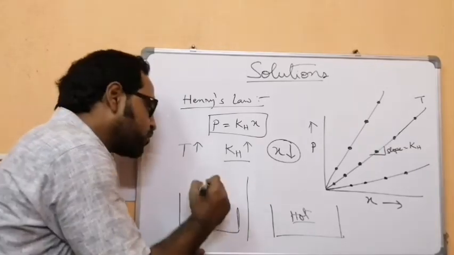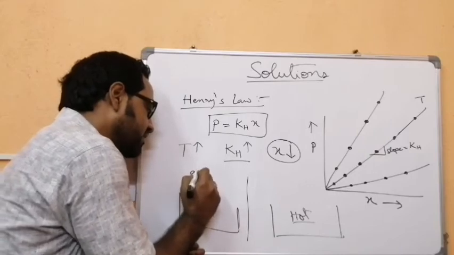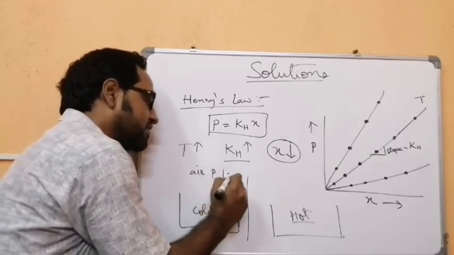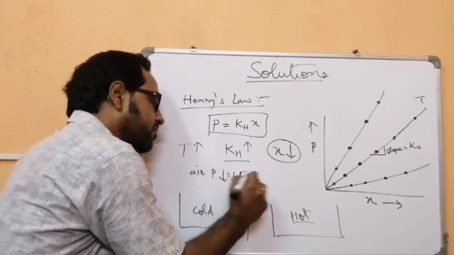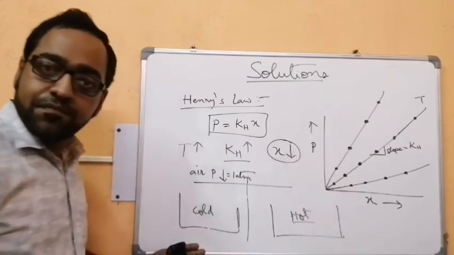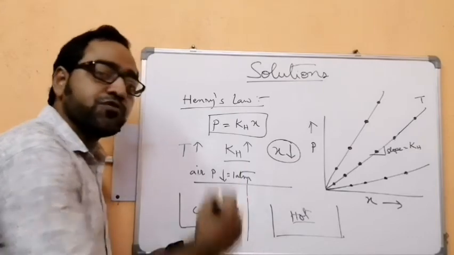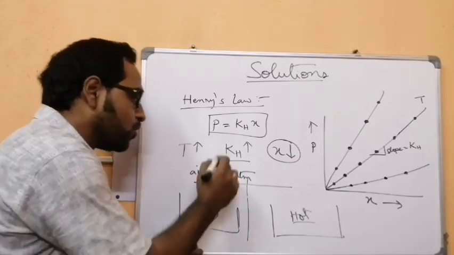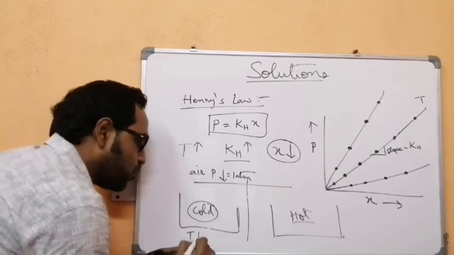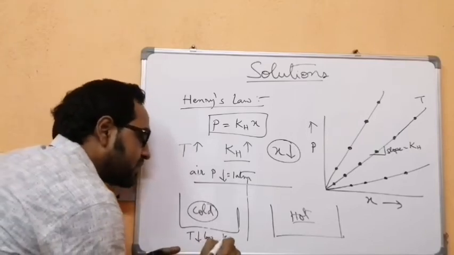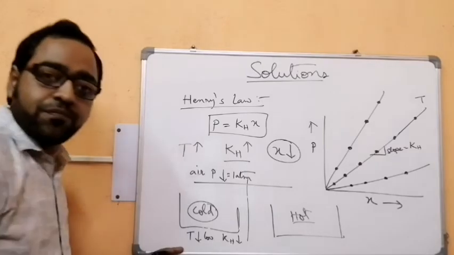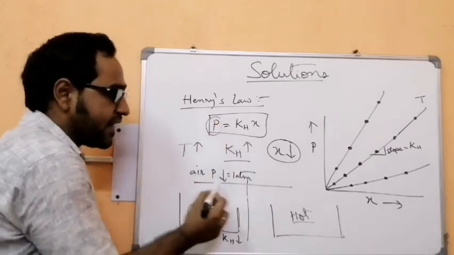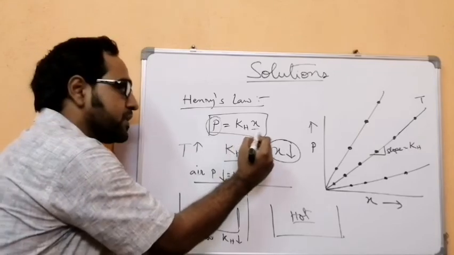Now the atmospheric pressure, the air pressure, is always 1 atm for both the cases. Now when the temperature is low, the Kh value is also low, and so to make the pressure term 1 atm, the X has to be high.